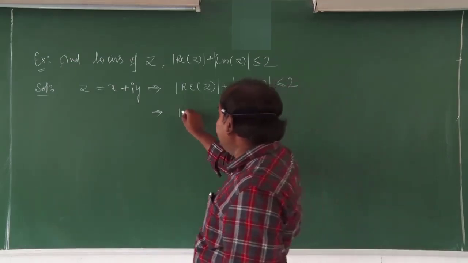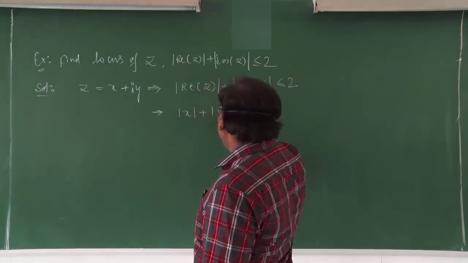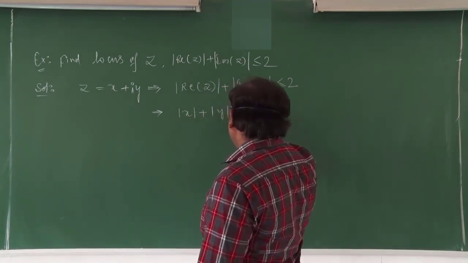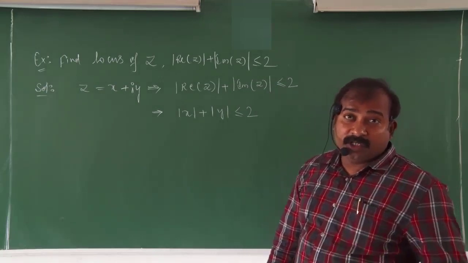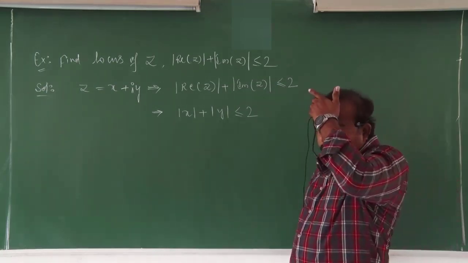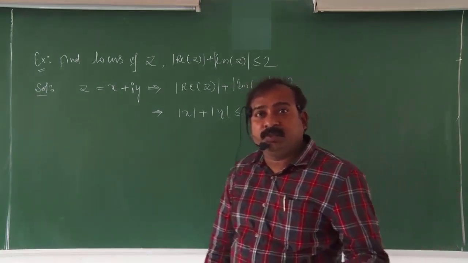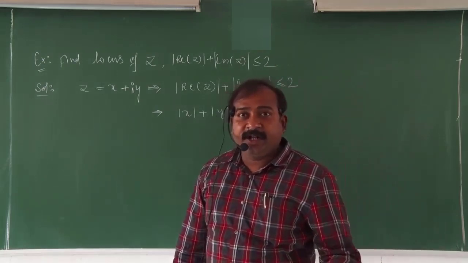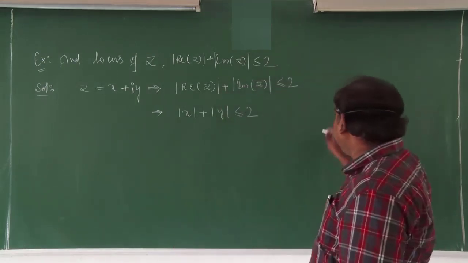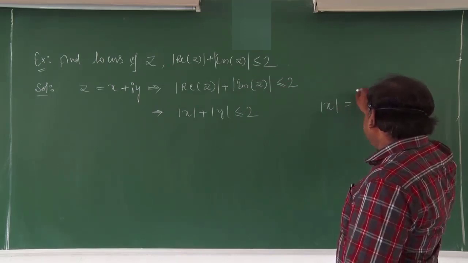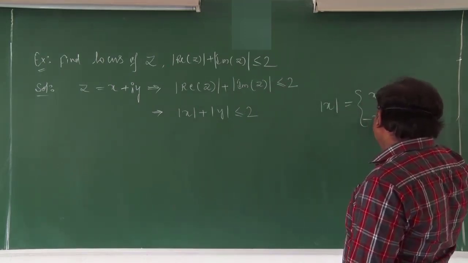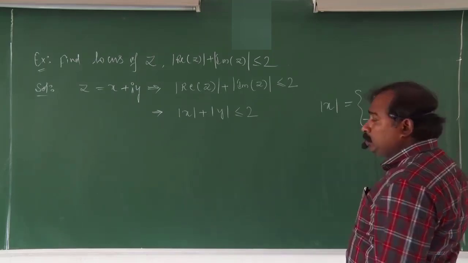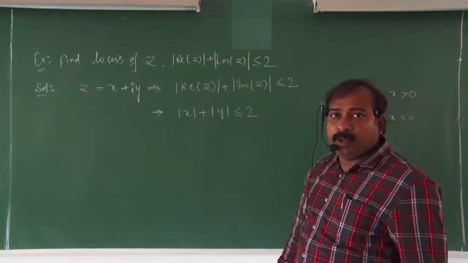So here you will get mod x plus mod y less than or equal to 2. What is the mod x value? It depends upon the x value. If x is positive, mod x equals x. If x is negative, mod x equals minus x. So similarly the mod y value is also like that.